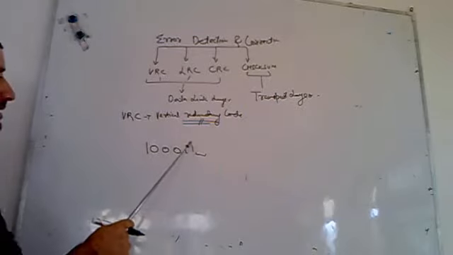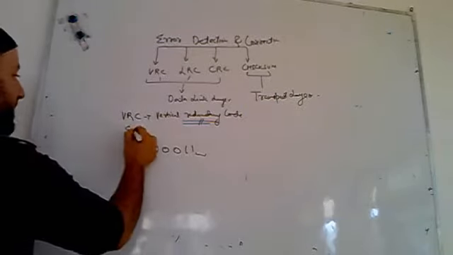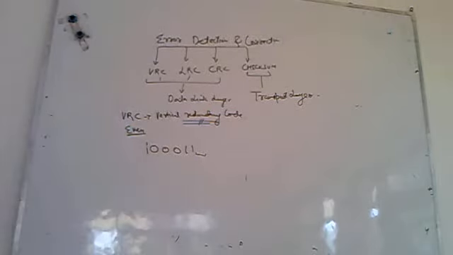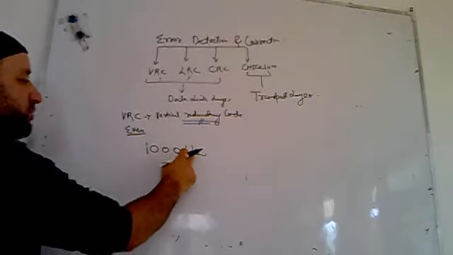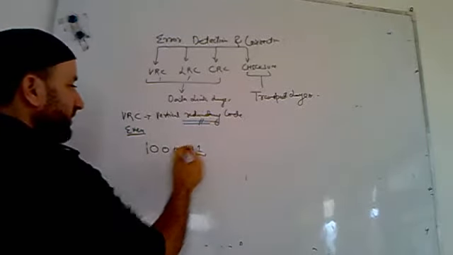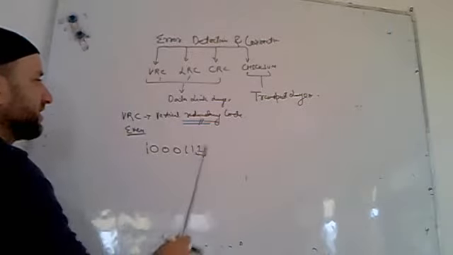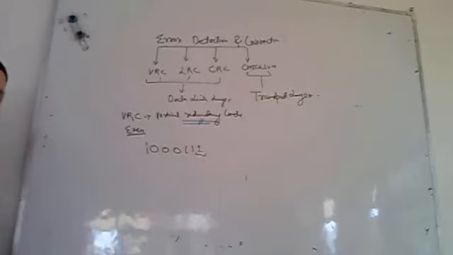Listen, if there are 1, 2, 3 ones here, and I have even parity, we have to make the number of ones even. 1, 2, 3, so 1 makes it even. So now this is my data and this is a redundant bit, a parity bit. The total number of ones is even now.